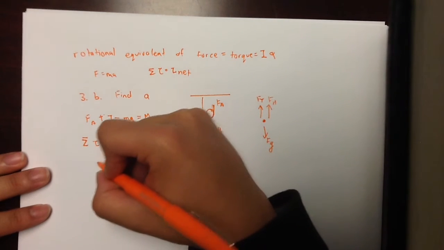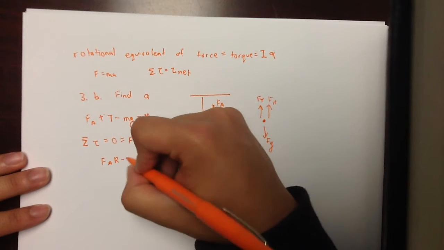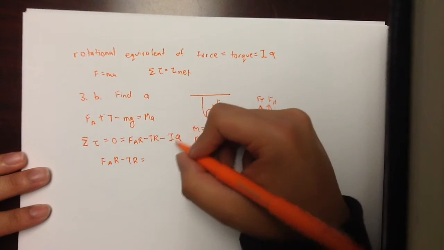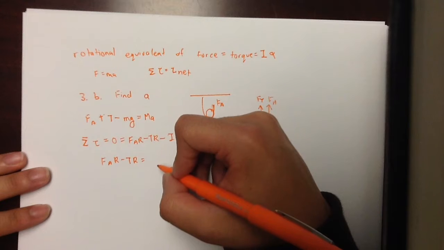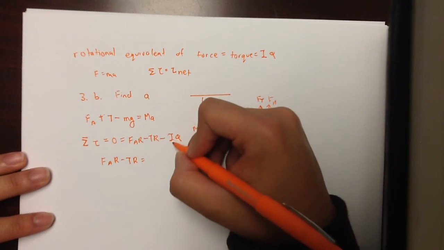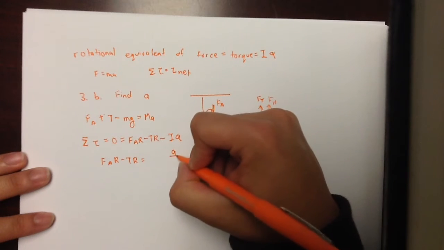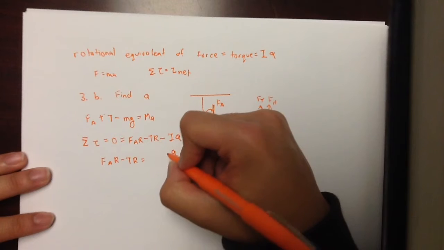Okay, at this point, let's do some quick substitution. Let's rewrite this so that F_A r minus T r is equal to I alpha, the moment of inertia times the angular acceleration, just so we can get it by itself. We know the angular acceleration is equal to the linear acceleration over the radius.